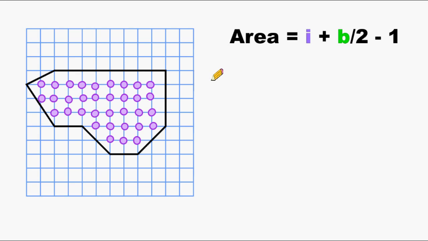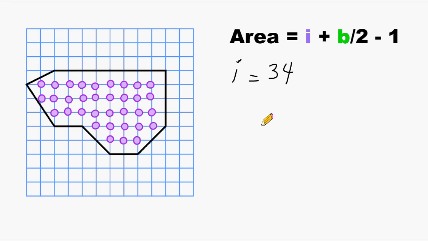We have 4 here, plus 5 here, which is 9, plus 5 more, which is 14, plus 5 more, which is 19, plus 4 more, which is 23, plus 3 more is 26, 3 more is 29, 3 more is 32, and 2 more is 34. So we have determined that our I value will be equal to 34.